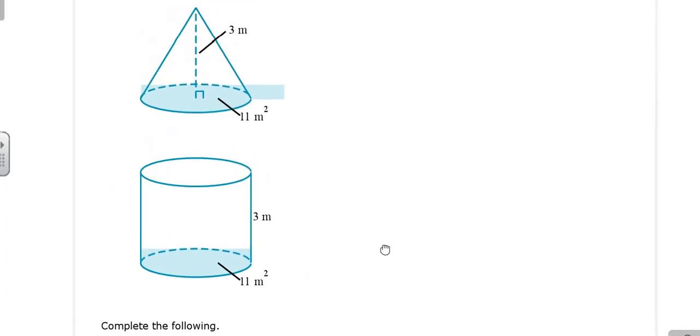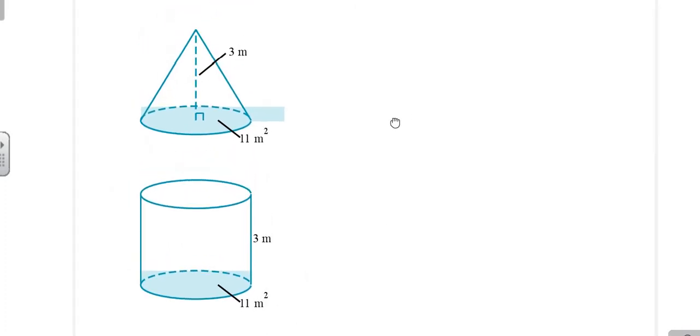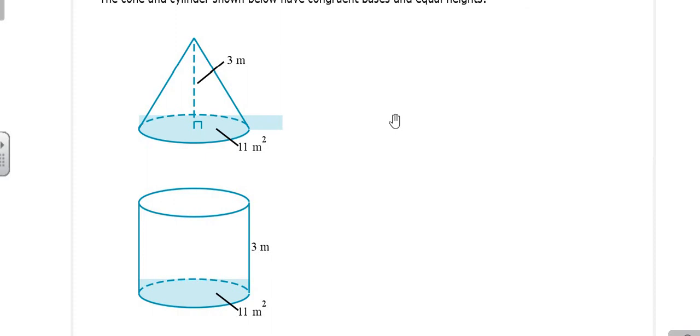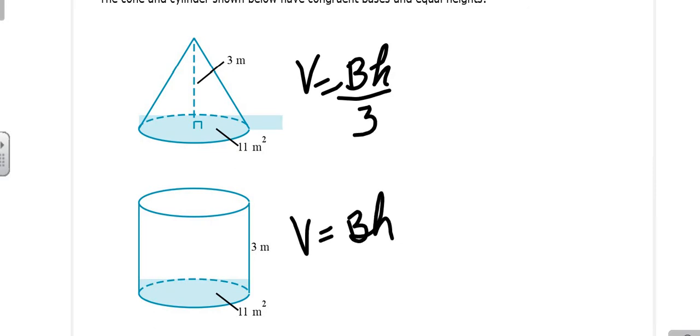It doesn't specify whether pi form or not pi form. Pi form's easier. So volume here is base times height over 3, and volume here is base times height.